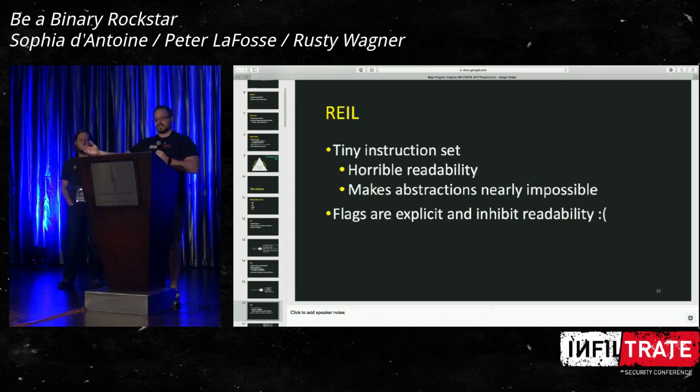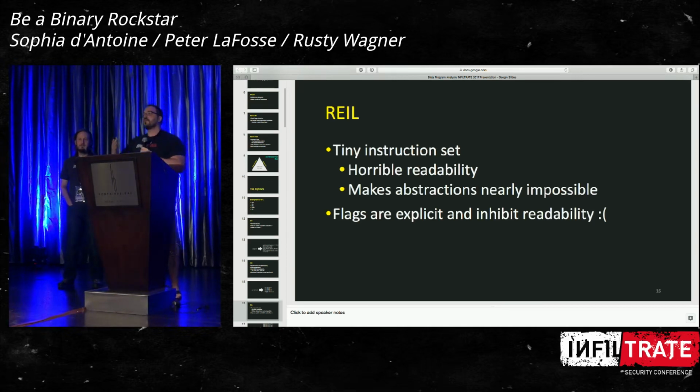Sorry Halvar if I say anything that offends you. REIL has some good points, but the instruction set is 17 instructions. They're very proud of it only being 17 instructions, but if your whole goal is to get as few instructions as possible, you could just lift to brainfuck, and there's a lot fewer instructions there, and that would be better.